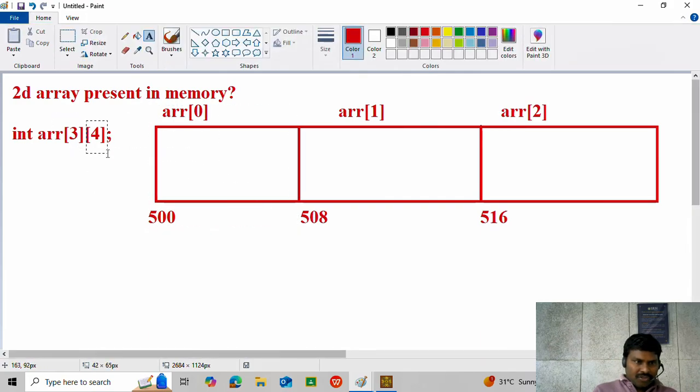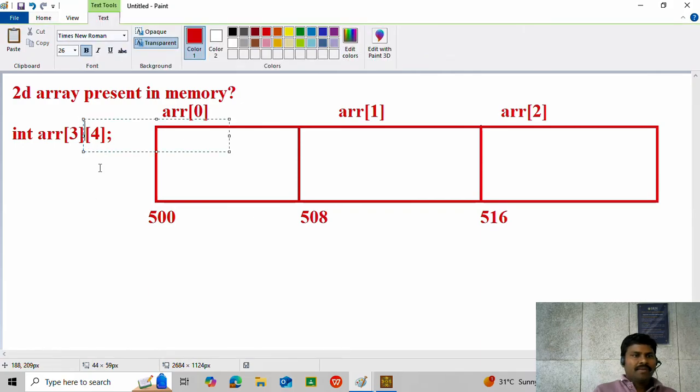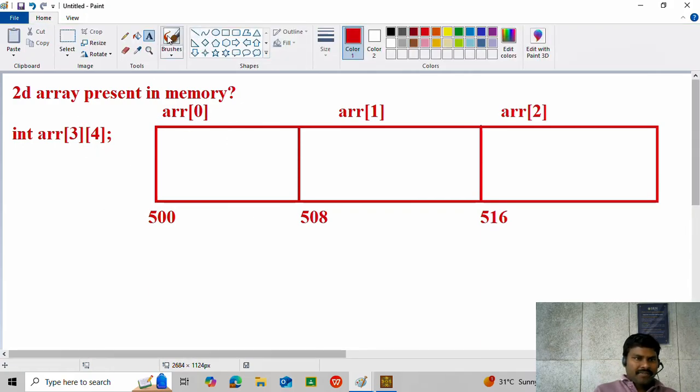In arr of 0 we have a total of how many columns? 4 columns. So this can be divided into the first element, second element, third element, and then fourth.